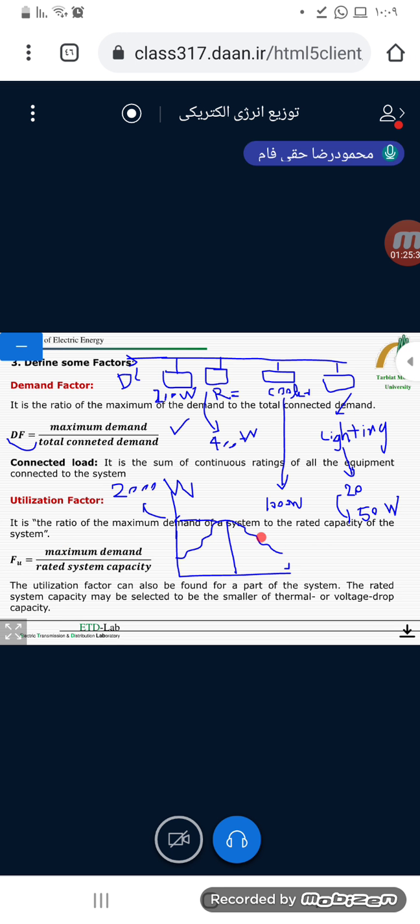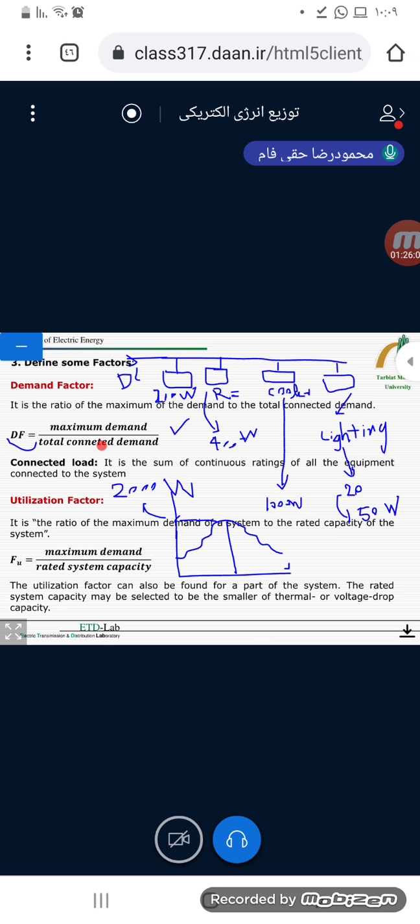For drawing this load curve, you need a load curve for the TV, for the refrigerator, for the cooler, for lighting, and the summation of these load curves will be the grouped load curve. For example, the maximum is 2,000.